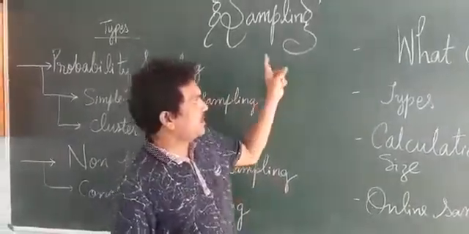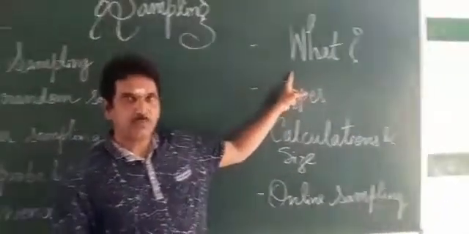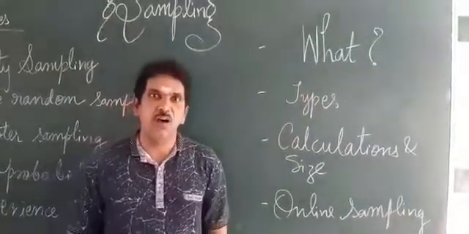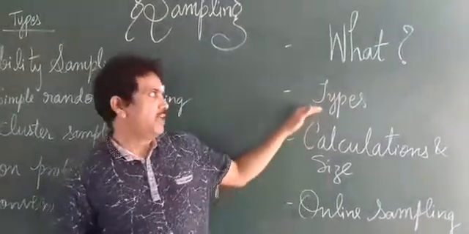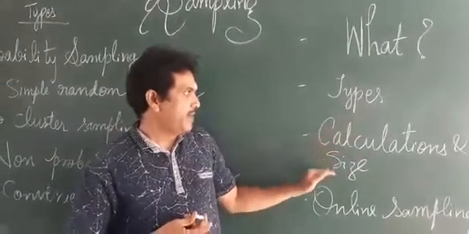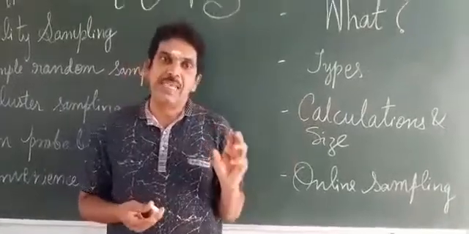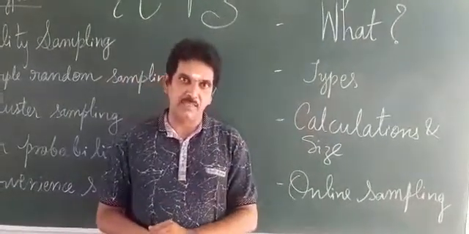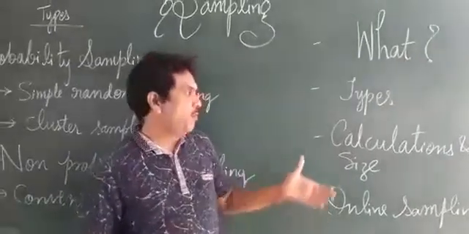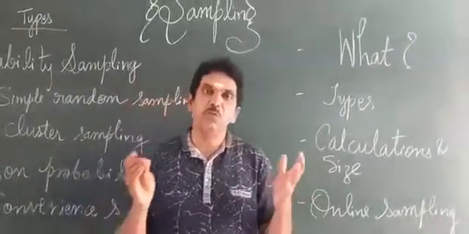Have you understood what is sampling? Well, there are different kinds of samplings. We will see to it a little later in the next video. Right now, we will see about the sample calculation and size. It is of prime significance how many samples you are going to take.